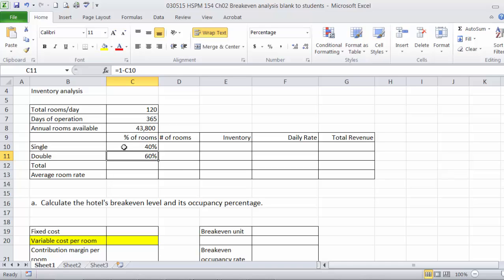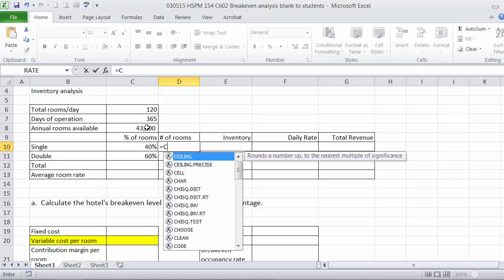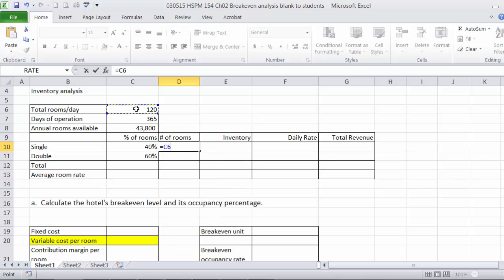Okay, any questions? Let's finish this part, the inventory analysis. So that's percentage. Then number-wise, how many rooms? How many single rooms do we need to sell? So we take this, how many single rooms?